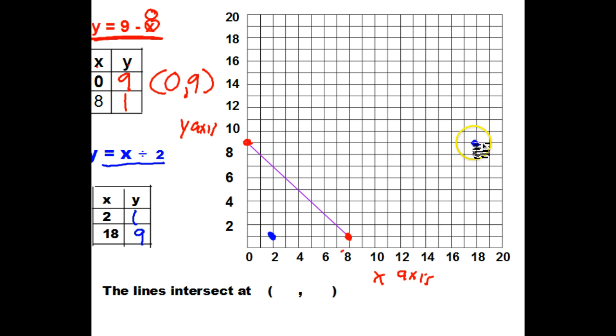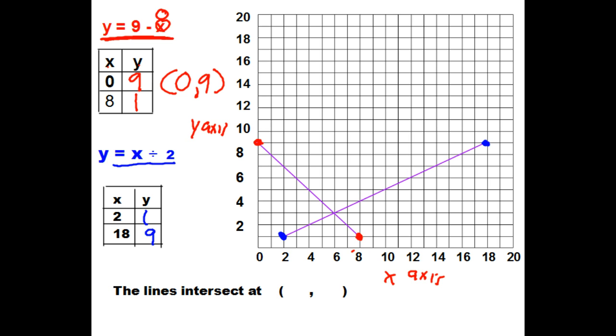And if we've done this correctly, the line should cross right on one of the places where the other lines are crossing on our grid. On this one, it looks like it's about right there. If yours isn't perfectly on where they cross, that's okay, because it's hard to do it on something small. So it looks like it's 6 to the right and up 3.